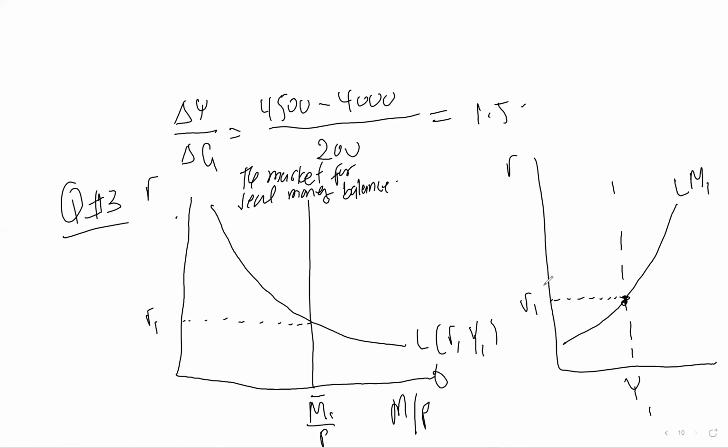Then the question asks us to use the liquidity preference model to show how these events shift the LM curve, right here, and how this curve will be shifted.